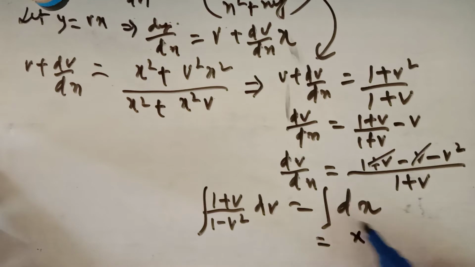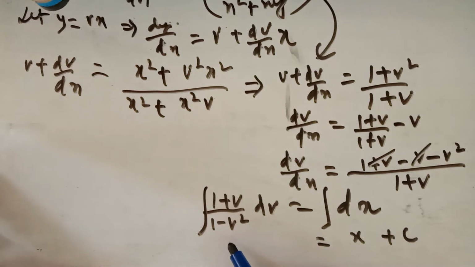On the right hand side the integration of 1 is x plus c, and this integral is a special integration, or you can integrate it by separating it into two integrals, or you can use any method to integrate it.